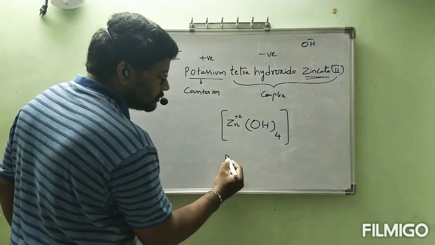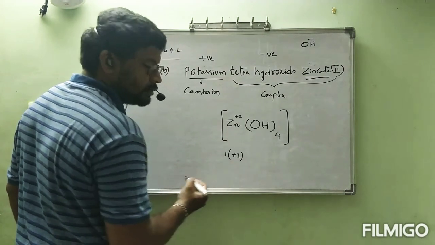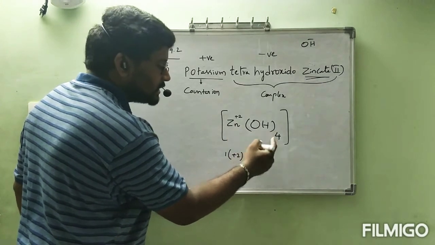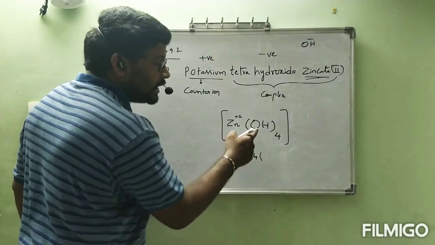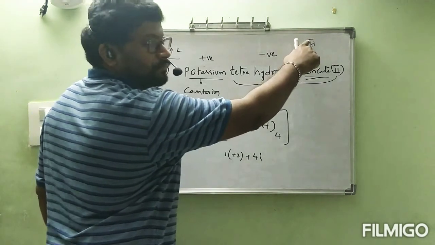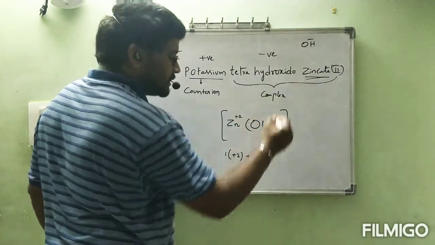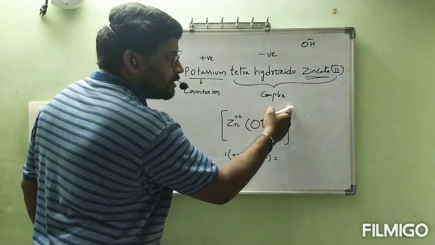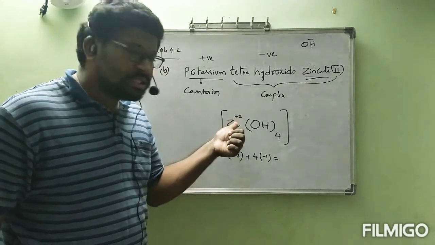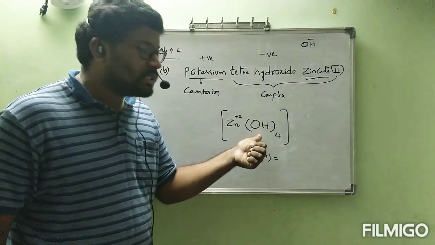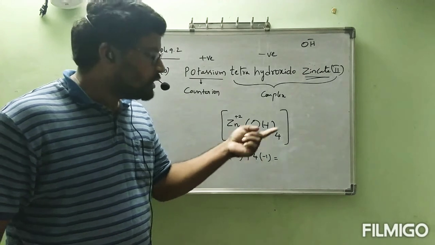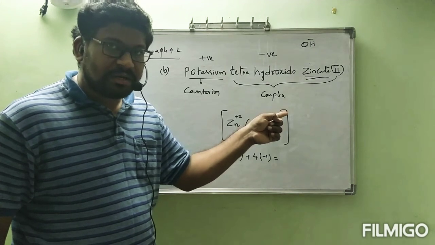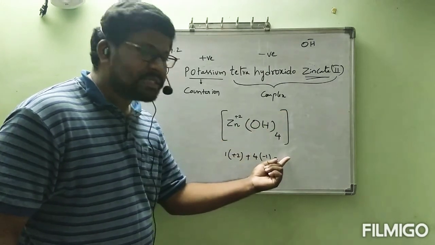Zinc +2, 1 into +2, plus how many OH ions are there? 4 OH ions are there. 4 into each OH containing -1 charge. 4 into -1 is the charge present on the complex. See, the charge present on zinc plus 4 into the charge present on OH, that only is the charge present on the complex, the square bracket. Is it correct or not?